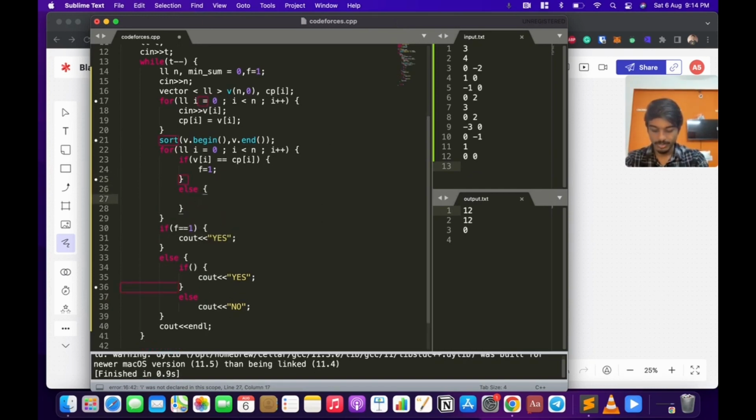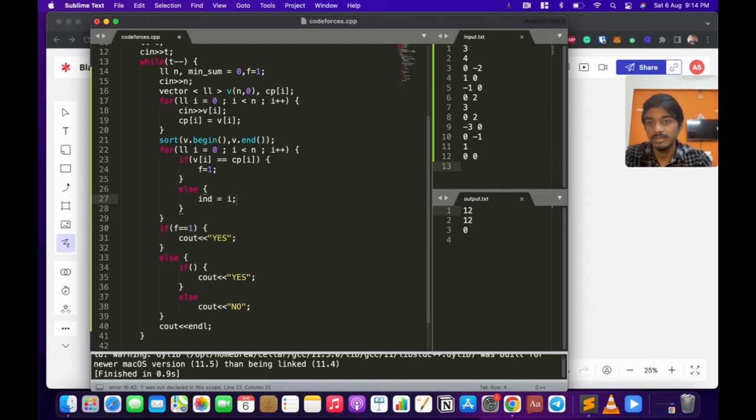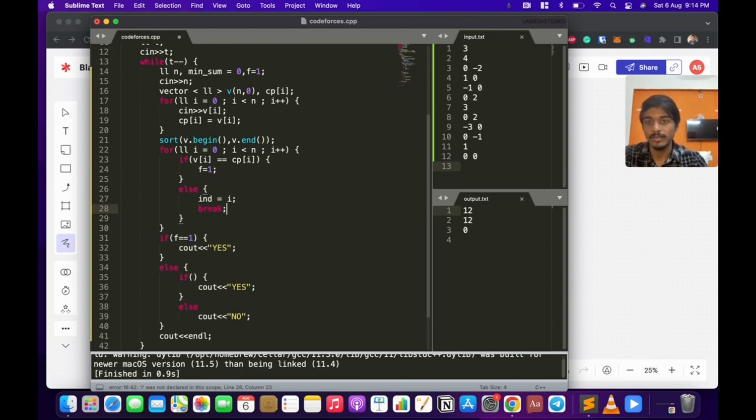I found a mismatch there. So from that mismatch, I should start from the end, right? Okay. So index equal to i, if equal to 0. I think index is minus 1 is enough, right? Break. Don't have to do everything.